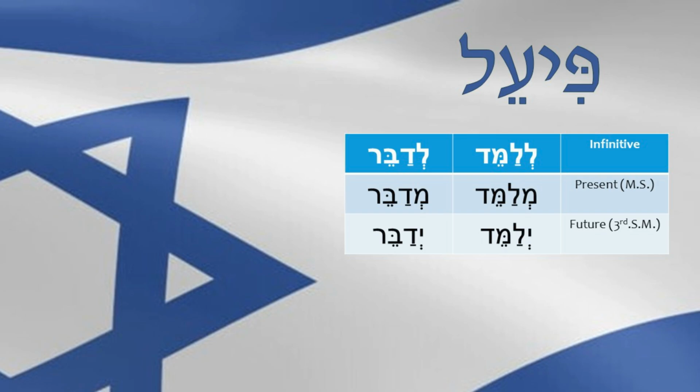You've got that mem prefix. And in the future, you're going to have yelamed. Or another example, to speak, in the infinitive, you have ledaber. In the present, you have medaber. And in the future, you have yedaber. So you can hear that they all sound alike with respect to their vowels. They all have that e.